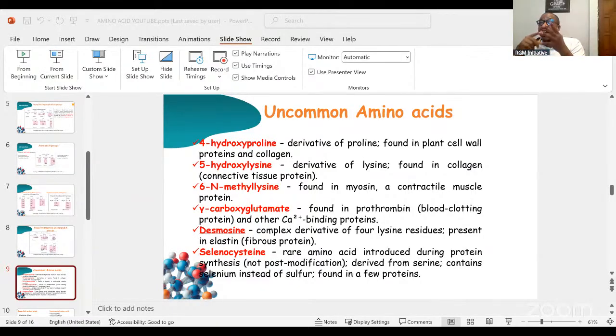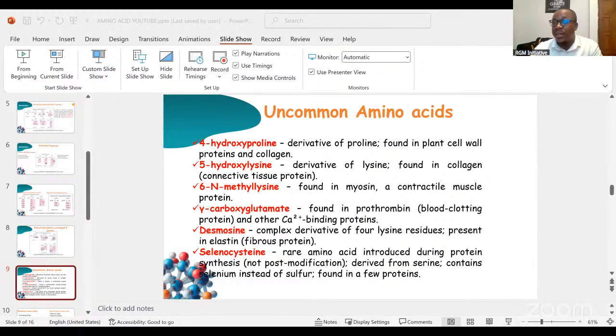Hydroxyproline is a post translational modification. Hydroxylysine is also a post translational modification. But for selenocysteine, it is not post modification.